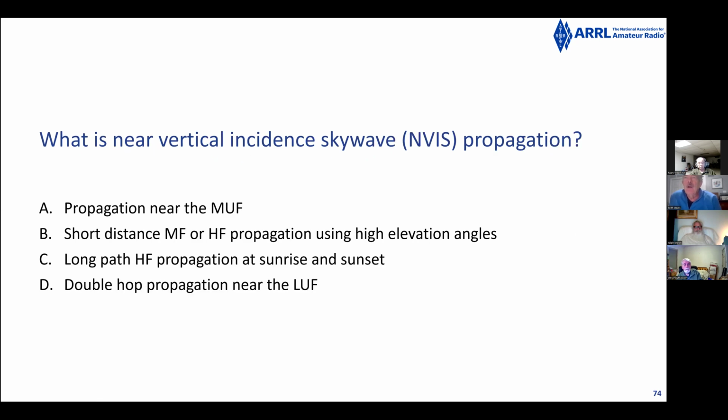What is near vertical incident skywave or NVIS propagation? A, propagation near the MUF. B, short distance MF or HF propagation using high elevation angles. C, long path HF propagation at sunrise and sunset. Or D, double hop propagation near the LUF.